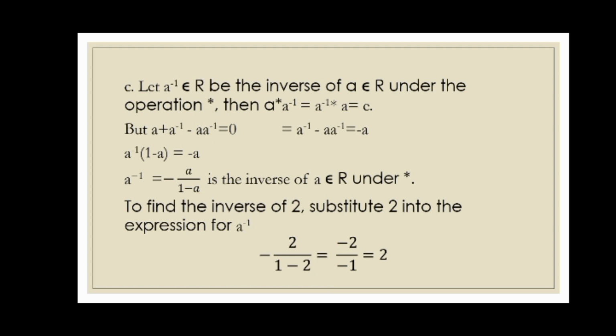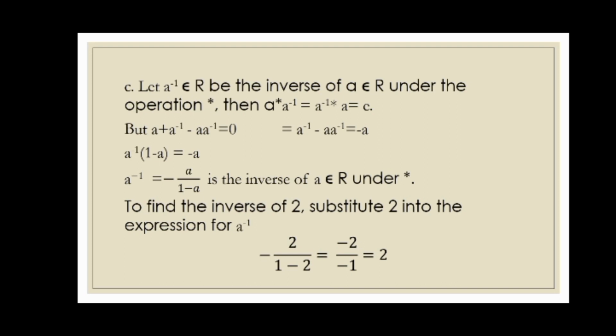Now, the inverse does not exist if the denominator of A inverse is 0. So that is, if 1 minus A is equal to 0, or A is equal to 1. Therefore, the element of R that does not have an inverse is 1.